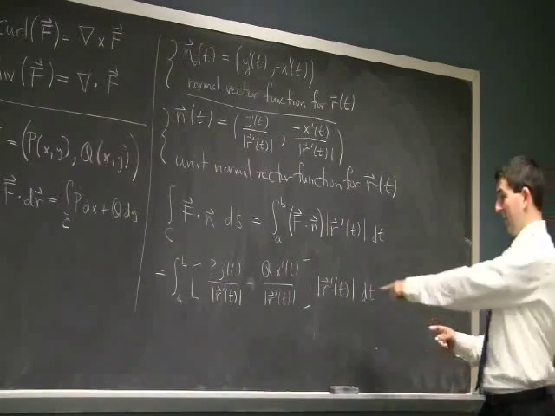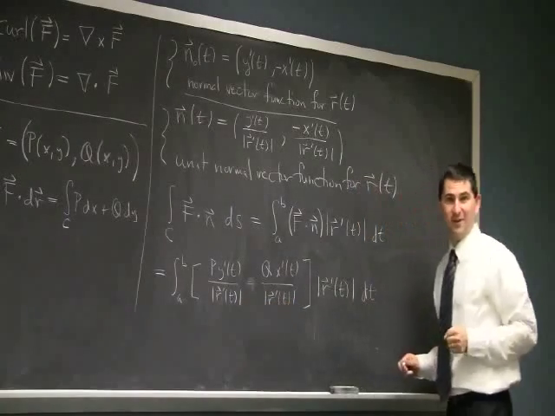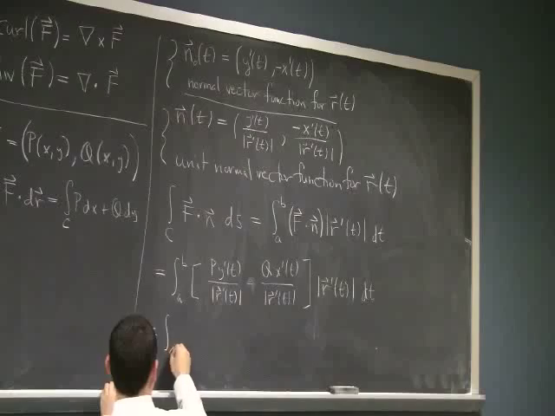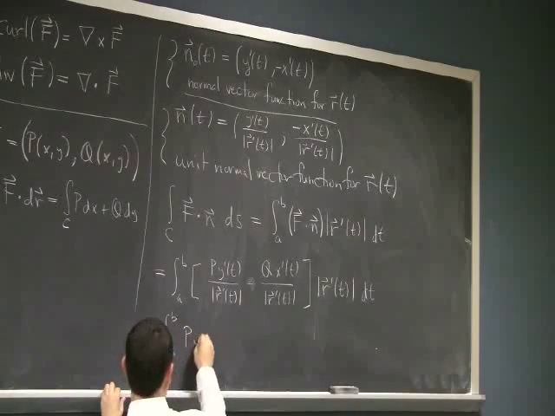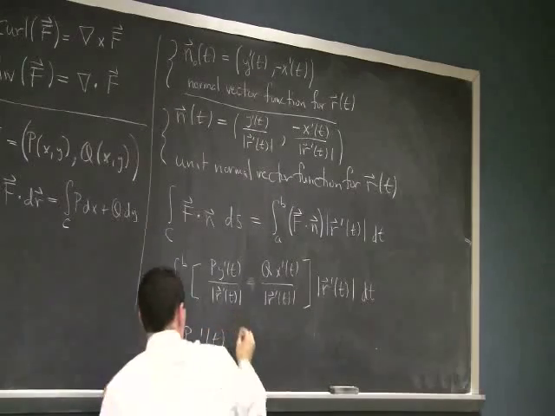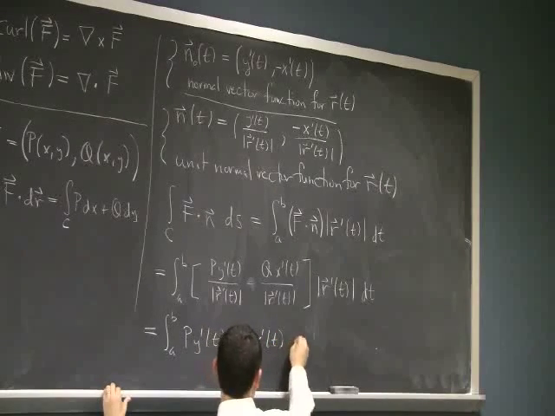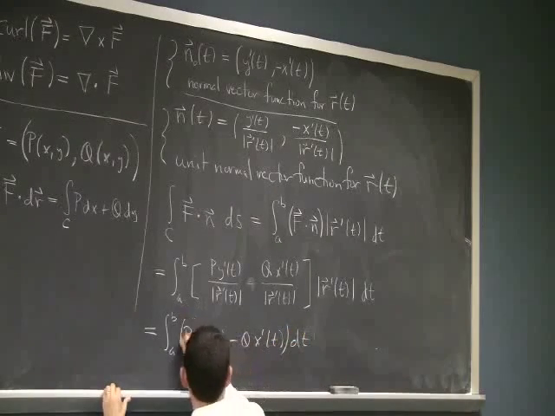And this is quite nice because those denominators are going to go away. So we get p y prime of t minus q x prime of t dt.